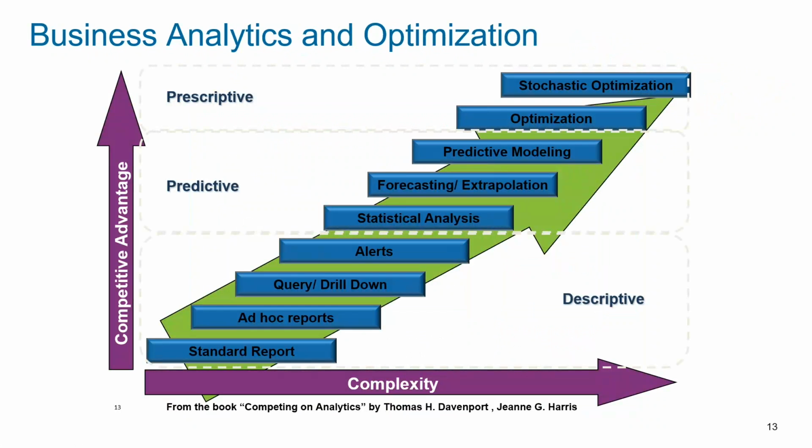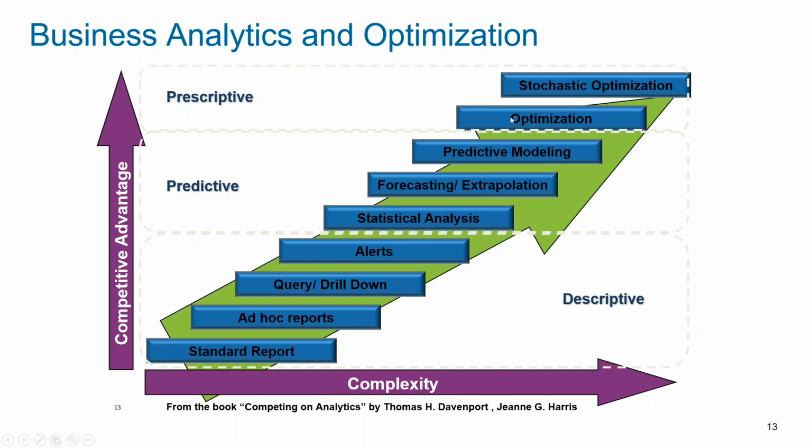So again, if you look at the Thomas Davenport paper, when you apply descriptive, predictive, and prescriptive, you increase the complexity of the problems you solve, but at the same time you get competitive advantage. Okay, so that's from the book by Thomas Davenport. That was back in like 2004, 2005, and optimization is somewhere here.